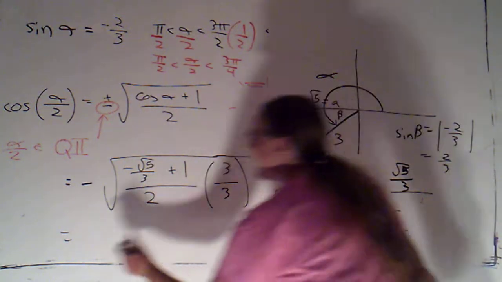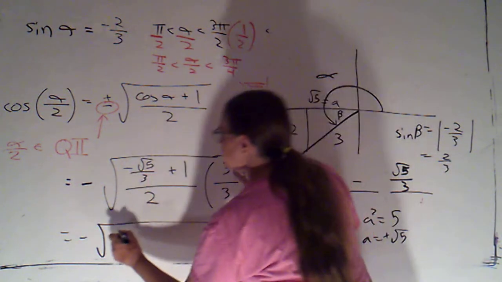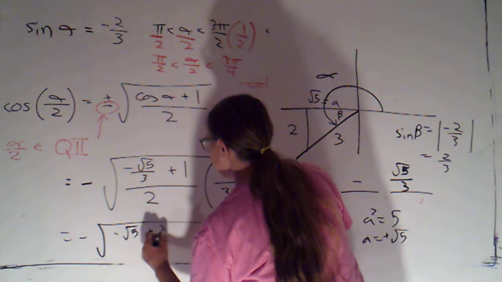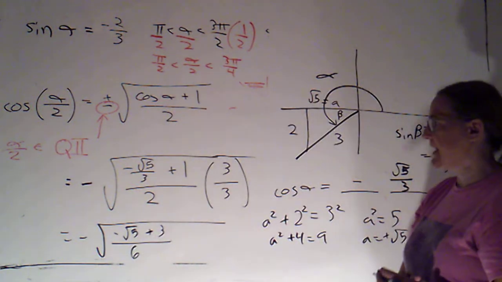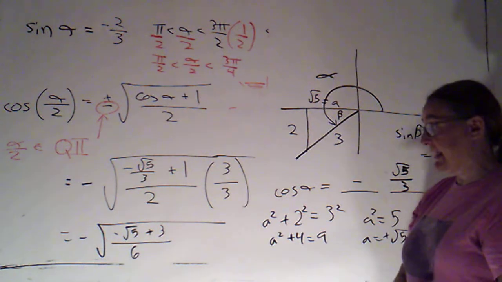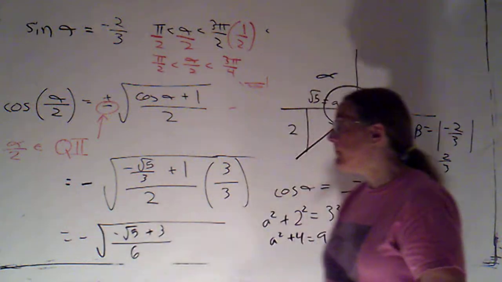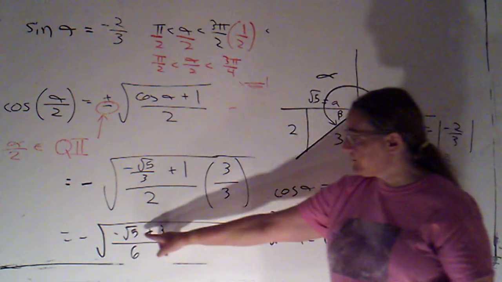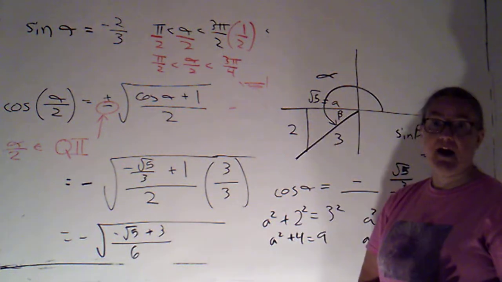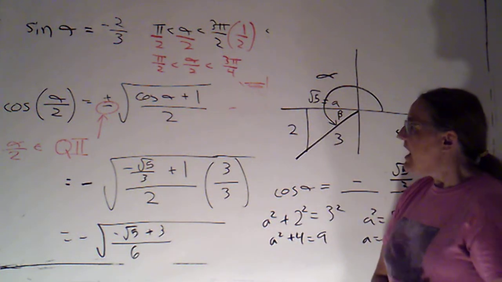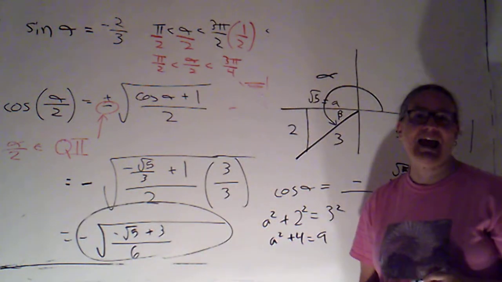So this is negative root of 5 plus 3 all over 6. That's as far as you need to get. I'm okay with there being a root under a root, but that root is as simple as it can be, and I don't have any complex fractions. All right, excellent. So that's how we can use that half angle formula.